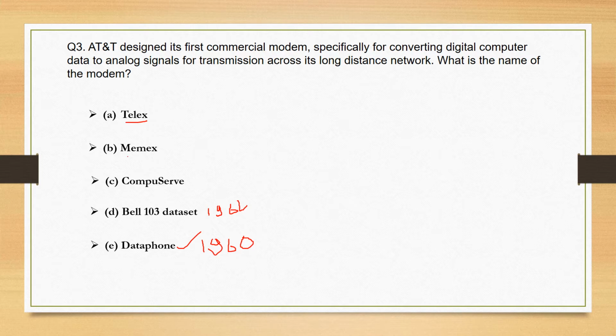We have Memex and CompuServe also, but these technologies are not AT&T proprietary. So the correct answer will be the Dataphone. It was developed in 1960 by AT&T. So this will be the first commercial modem which was developed by AT&T. Let's move to the next question.